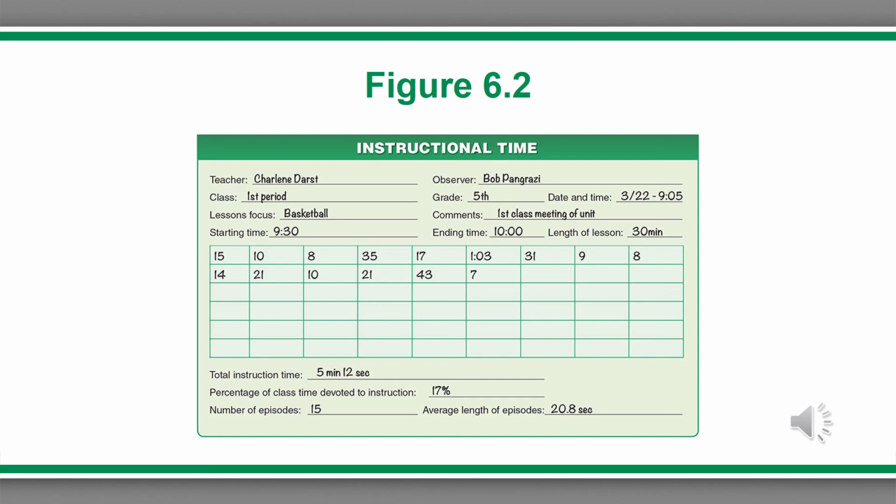So if you divide that by your 30 minutes, you come up with 17% of the time, so less than 1/4 of the time the student you're giving instructions, which is good because we want at least half of the time or more where the students are engaged in the activity. So you spend about 20 seconds on each, the average length of the episode, but you took less than 20% of the time. That's awesome.